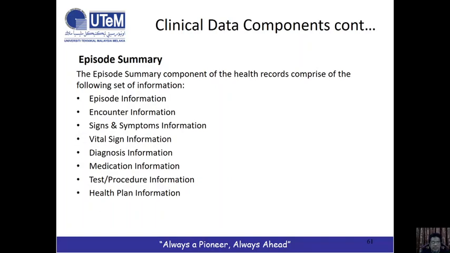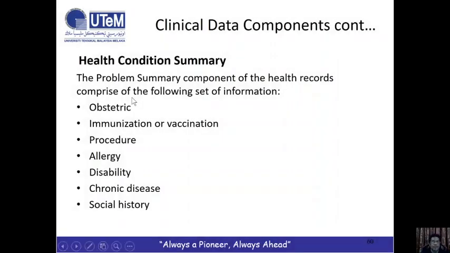Episode summary is more detailed compared to health condition summary. Health condition summary normally is semi-static, like allergy. Once you got the allergy, sometimes allergy can be cured, or disability.